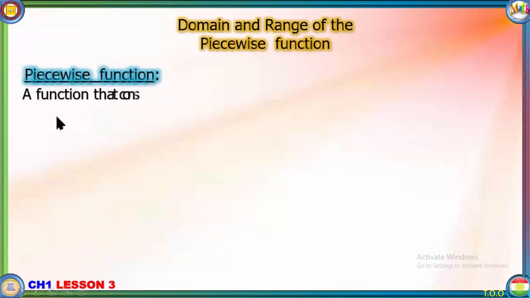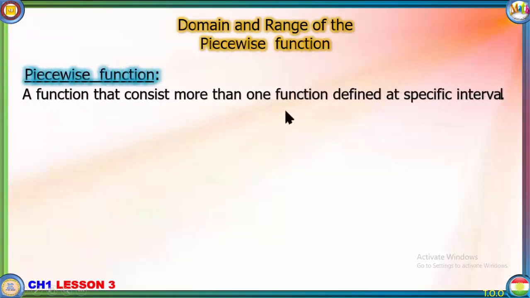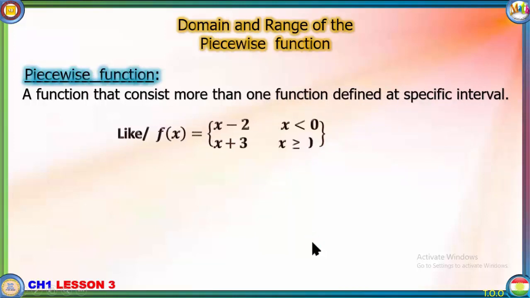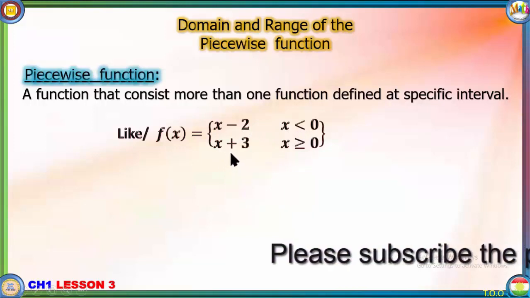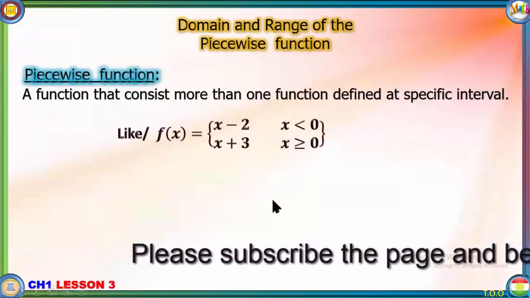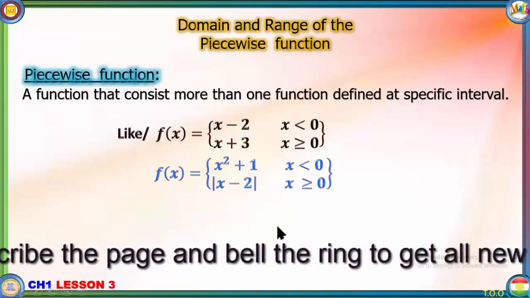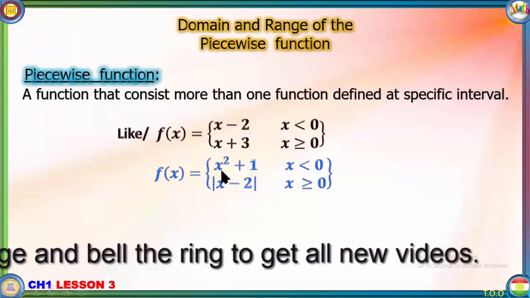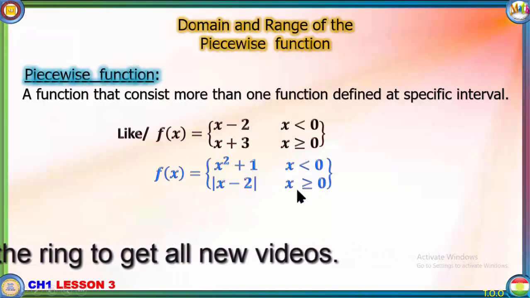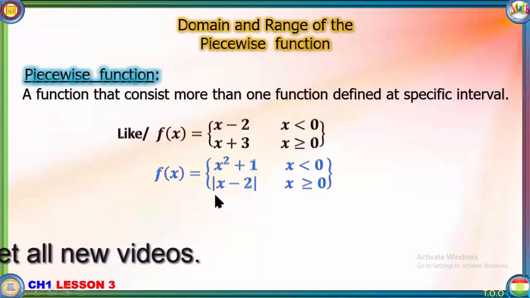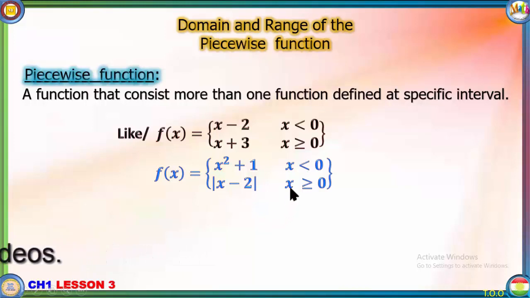A piecewise function is a function that consists of more than one function defined at specific intervals, like f(x) equals x minus 2 when x is less than 0, x plus 3 when x is bigger or equal to 0, or f(x) equals x squared plus 1 when x is less than 0, absolute value of x minus 2 when x is bigger or equal to 0.